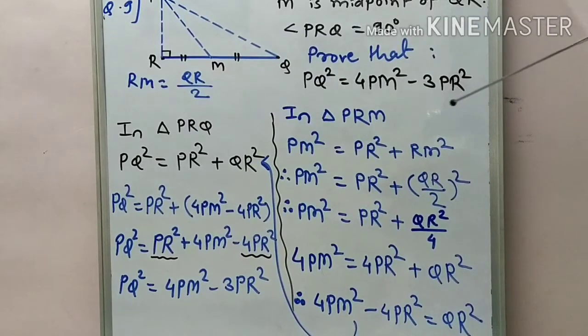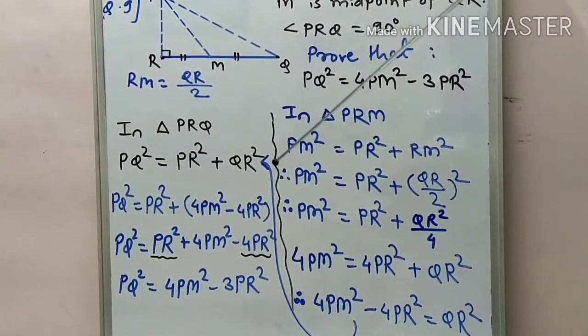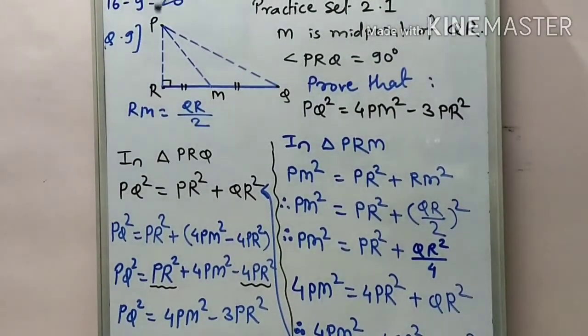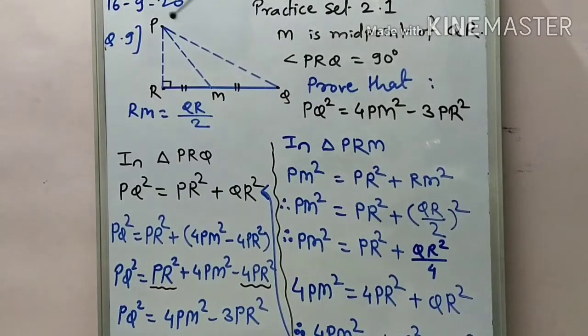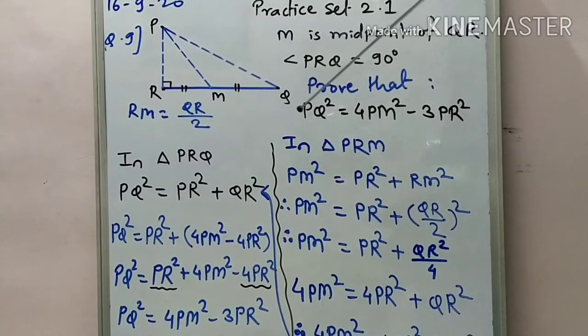What you have to prove? Getting this? It means you have to use Pythagoras theorem two times. First, in the original triangle PRQ, the hypotenuse is PQ, so you get PQ square equals PR square plus QR square. The left hand side PQ square is formed here, and one PR square we also get here.